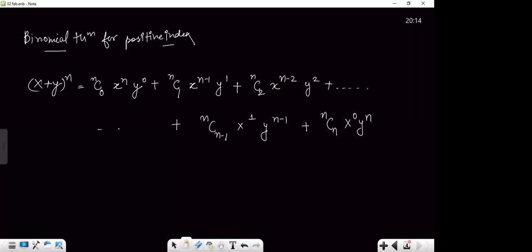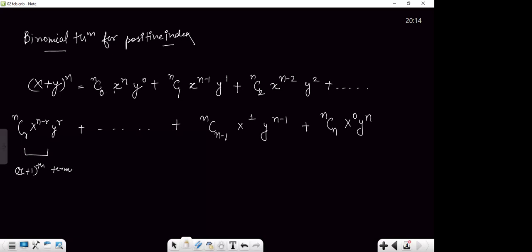If we discuss the rth term, it will look like nCr. No, actually, it's not the rth term. You are talking about the (r plus 1)th term. So nCr x raised to power n minus r into y raised to power r. This is not the rth term. This is the (r plus 1)th term.